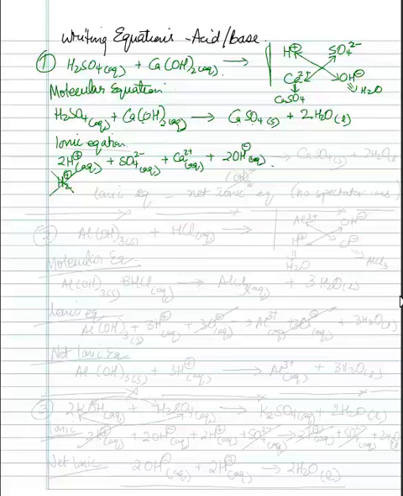And again, don't write this. This is wrong. Please do not do this. That's absolutely wrong. And then on your product side, we don't have any ions. So calcium sulfate solid plus 2H2O liquid. In this case, our ionic equation is also the same as the net ionic equation because we have no spectator ions.